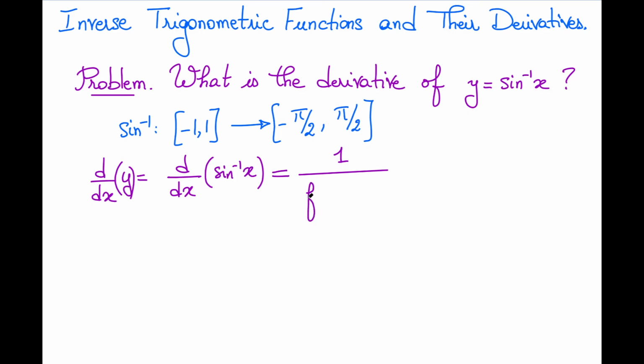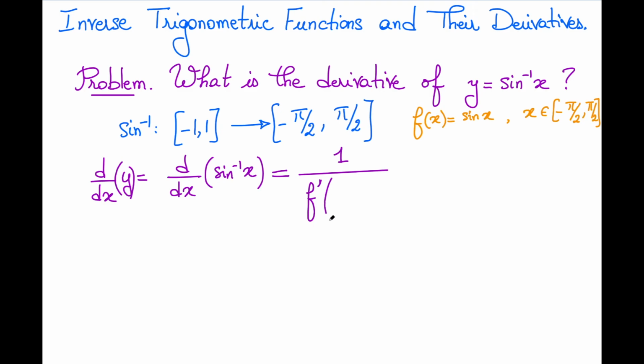How about we call f to be, here I'm talking about f being, so f of x being sine of x for x in minus pi over 2, pi over 2, right? That's my function f in this context.